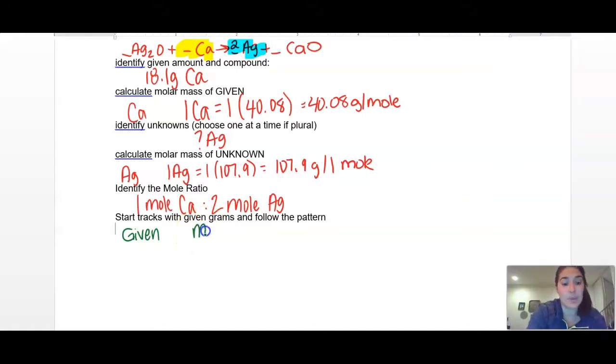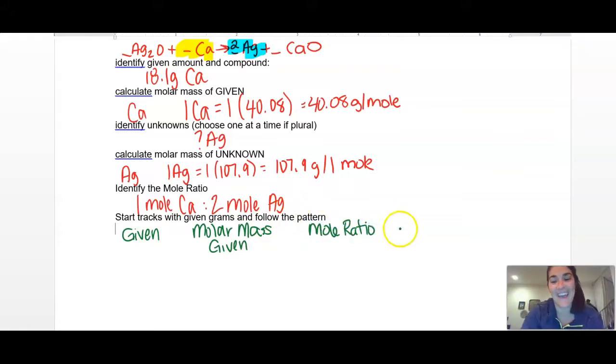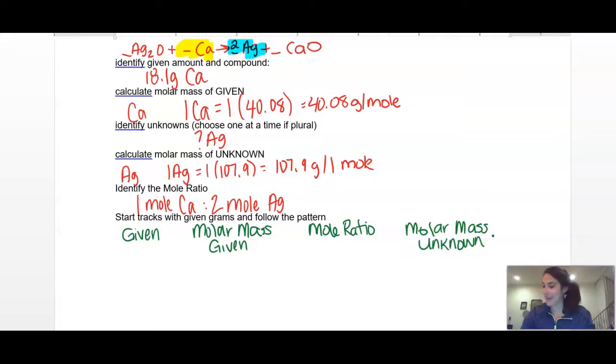Then you use the molar mass of your given, then you use the mole ratio, and then you use the molar mass of your unknown. And yes, that was a toddler getting out of bed.